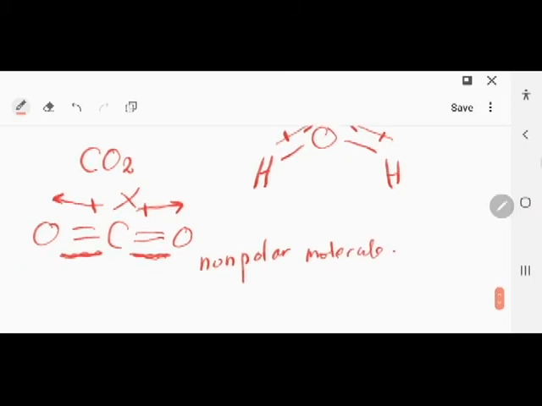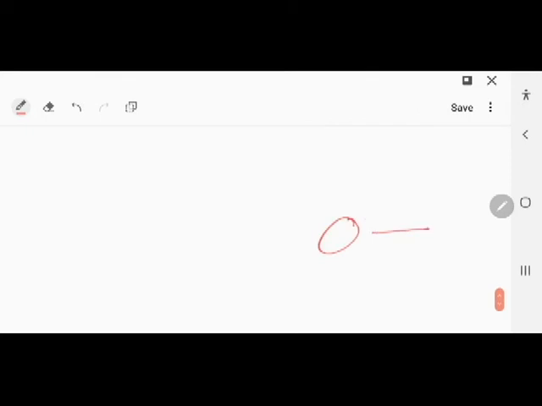So if water was linear, the polarity would be like this, so they would cancel each other, and water would be non-polar.